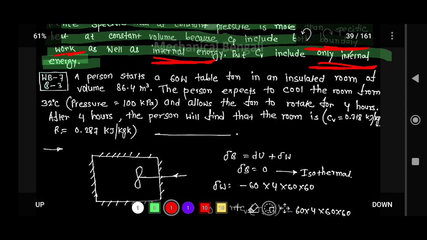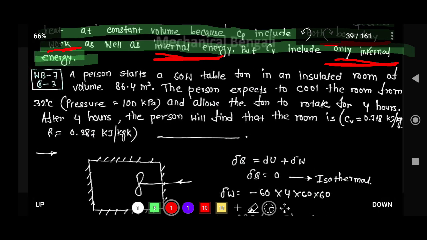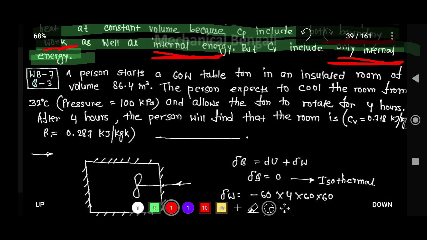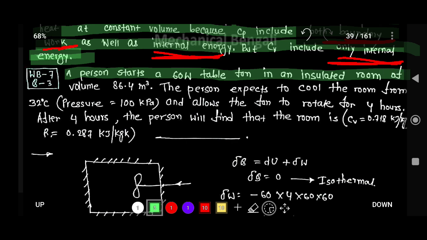Now there is one math problem. Just read the problem and understand it. Here the problem is that a person starts a 60 watt table fan in an insulated room of volume 86.4 meter cube.